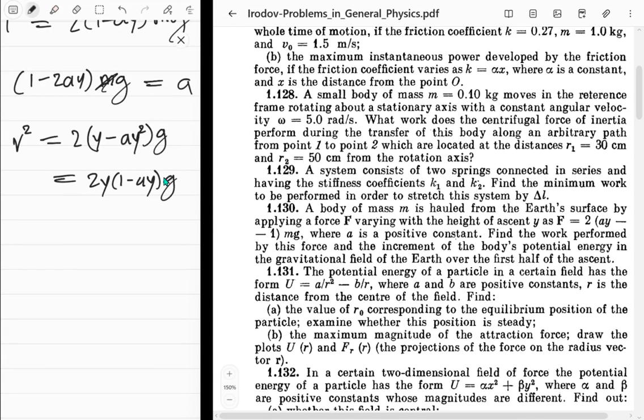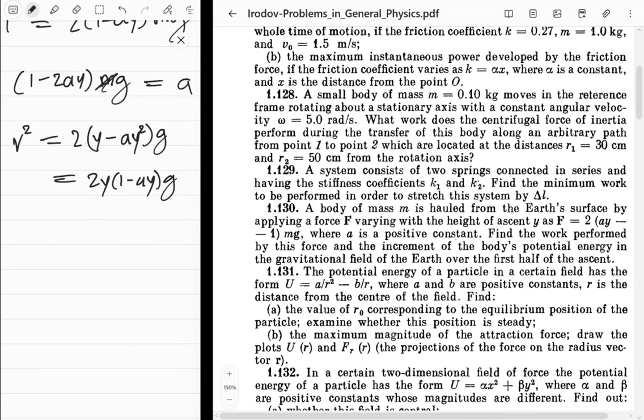Yes, that's good and everything, but this is not sufficient. What we want is the time required, because half of the ascent has got to be just that. First half of the ascent, it has to be like that. Or do they mean just the first half distance of the ascent?